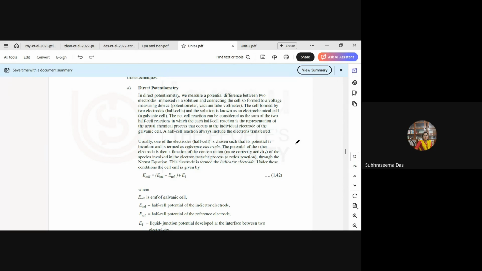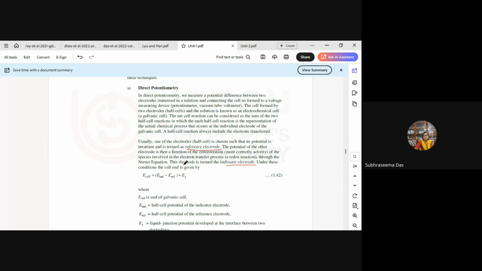Then the net cell reaction can be calculated by using the Nernst equation. One of the electrodes is chosen such that its potential is invariant, and it is called the reference electrode. The potential of the other electrode is a function of the concentration of the species involved, calculated through the Nernst equation, and it is called the indicator electrode.